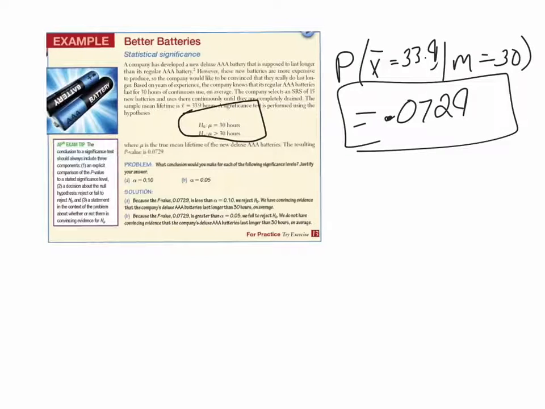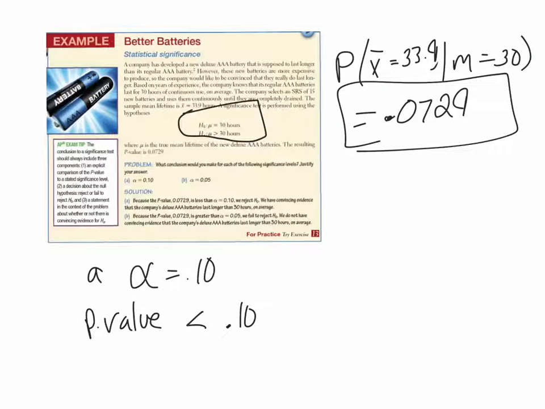So if you look at A, which is a significance level of 0.10, now we know that the p-value, which is 7%, just a little over 7%, is less than 10%, the significance level. So because of that, we are going to reject the null hypothesis.